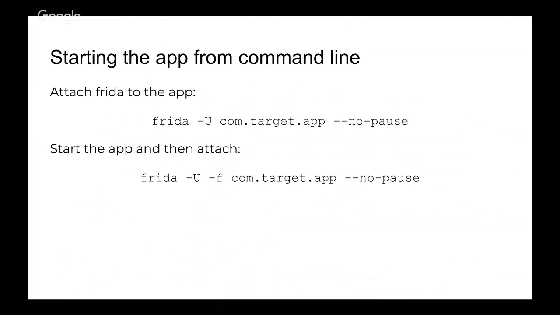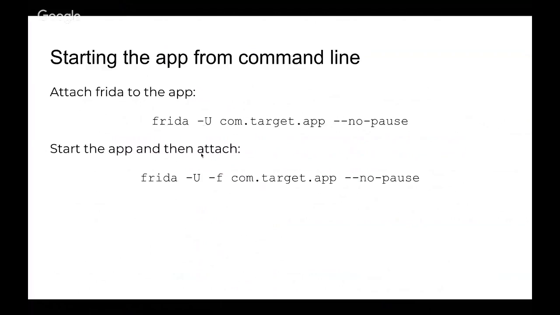Let's start on how to get control of the package using Frida. Each Android application has its own unique package name, which looks like com.target.app, whatever you're targeting. Now you can either attach, or you can start the app and then attach.